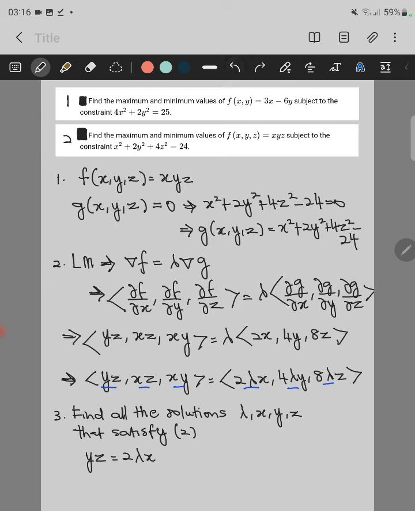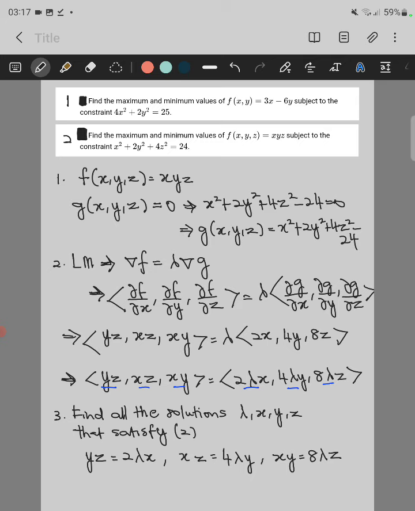Next we have xz equals 4 lambda y. And lastly, xy equals 8 lambda z.